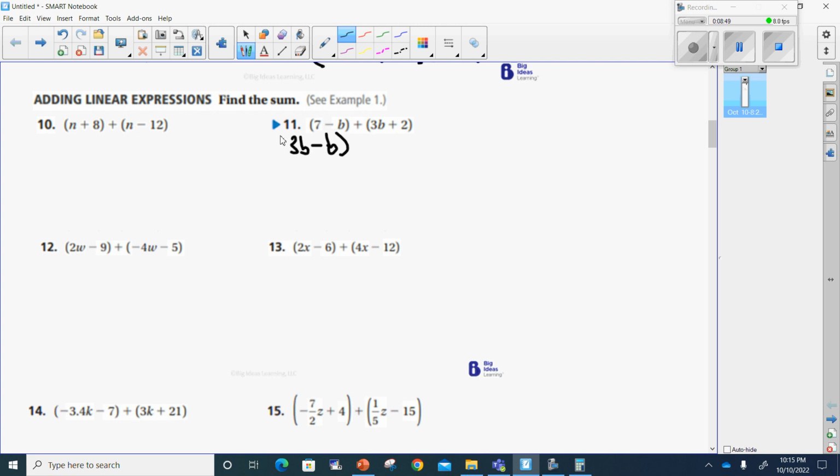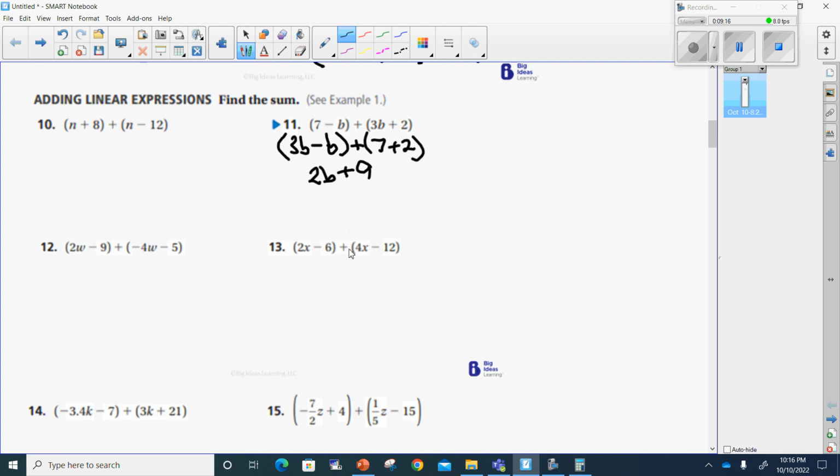Then I'm going to put my numbers together, and that's going to be 7 plus 2. Well, 3b minus b is 2b, and 7 plus 2 is 9.